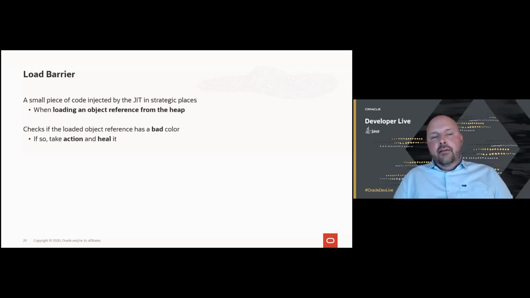If the color is bad, then some kind of action needs to be taken. That action could mean that the object needs to be marked, or it needs to be relocated, and so on. Once that action has been taken care of, we also heal the reference. So we're writing back the correct address and correct color to the place where it was loaded from, so that the next time you load this reference, the load barrier will have nothing to do, and no action needs to be taken.